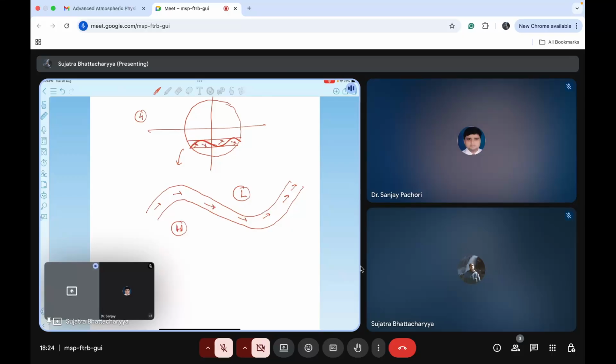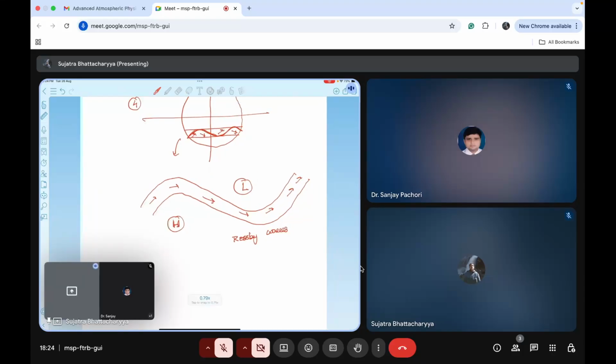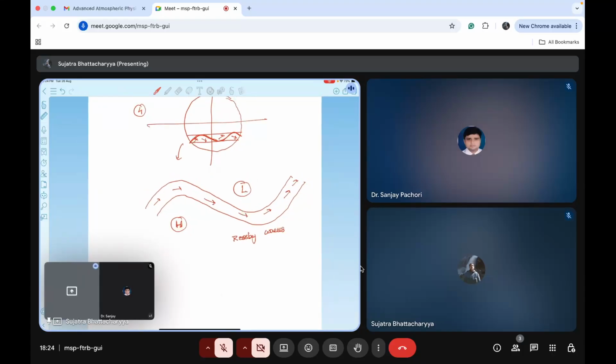These jet streams which I have shown, or this large-scale pattern of waves, are sometimes called Rossby waves. But these are the mid-latitude Rossby waves. There are Rossby waves which exist at the equator also, but I am talking about mid-latitude Rossby waves.